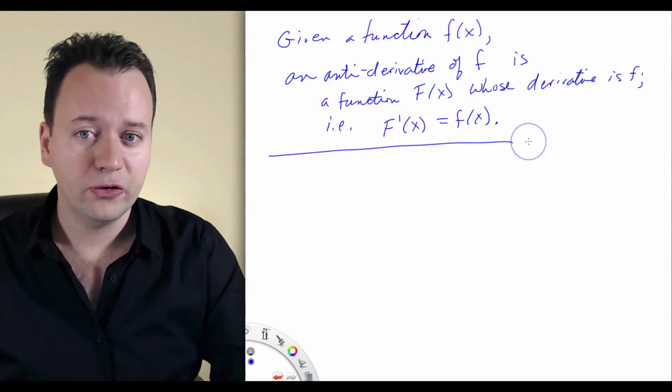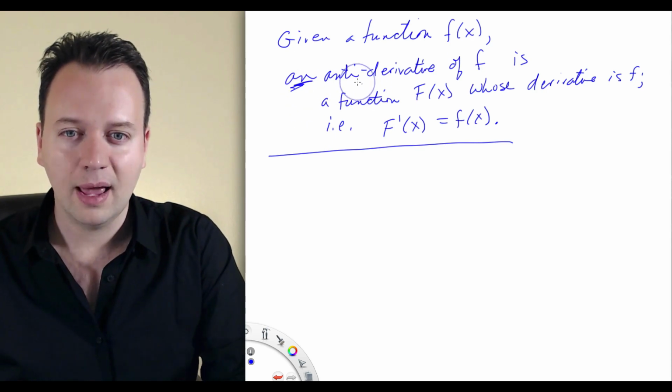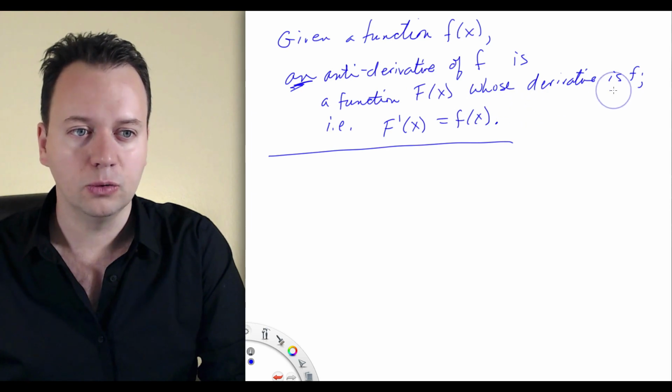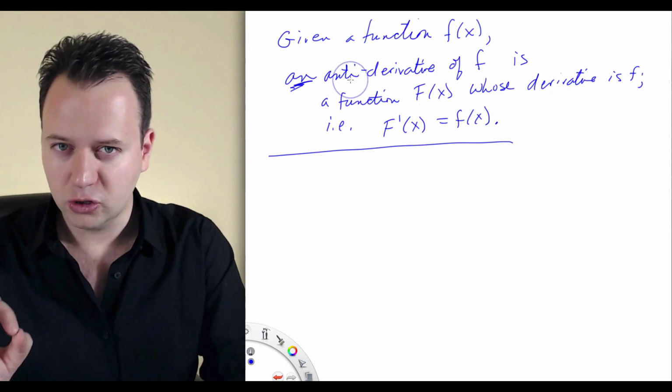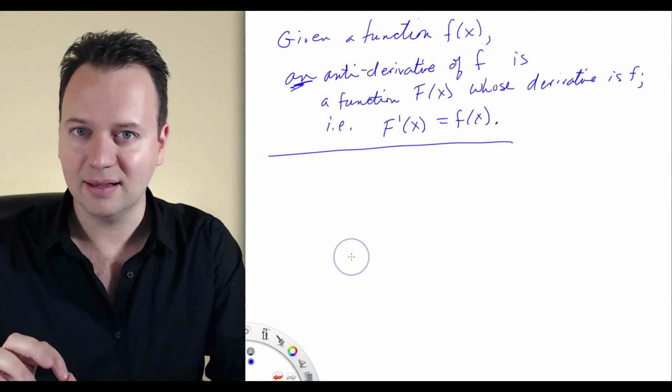Now there are a few things to note. First is that I used the word "an" here. An antiderivative of f is a function capital F of x whose derivative is little f. So this implies that there is not just one antiderivative. It's not the antiderivative of f, it's an antiderivative of f.